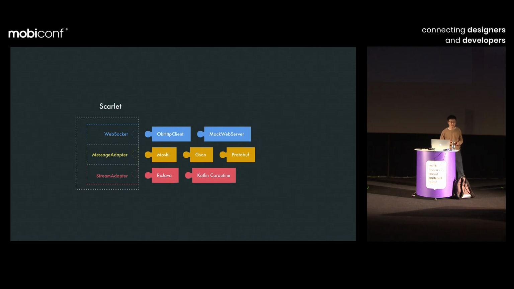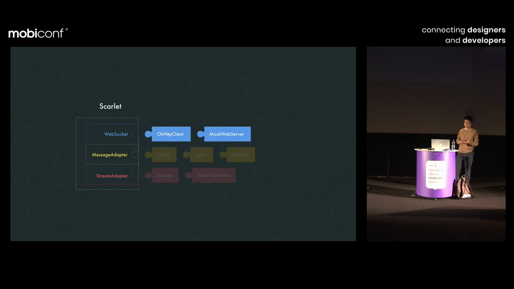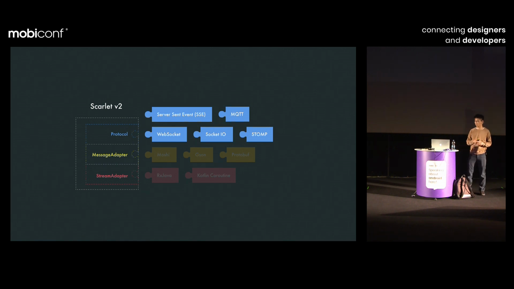Let's take a look at the plugins that Scarlet currently has. What we did in Scarlet V2 is take the WebSocket abstraction and make it a plugin. By doing so, we can support more protocols.